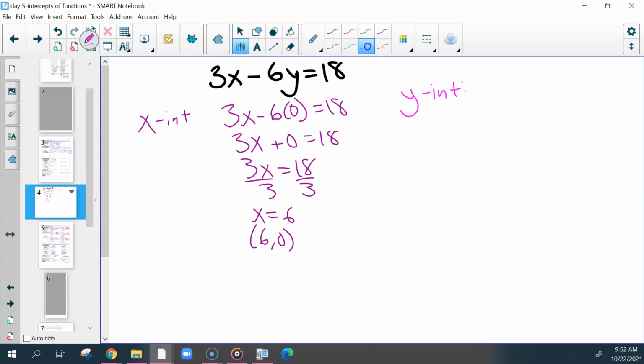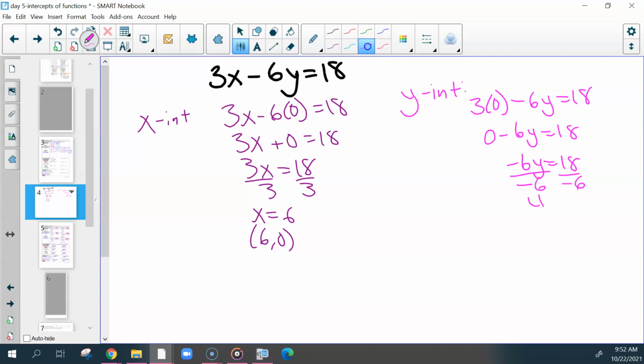For my y-intercept, my x needs to be 0. So I will put 0 in for x. And I would solve for y. This would just give me 0. So I could divide both sides by -6 and get -3.